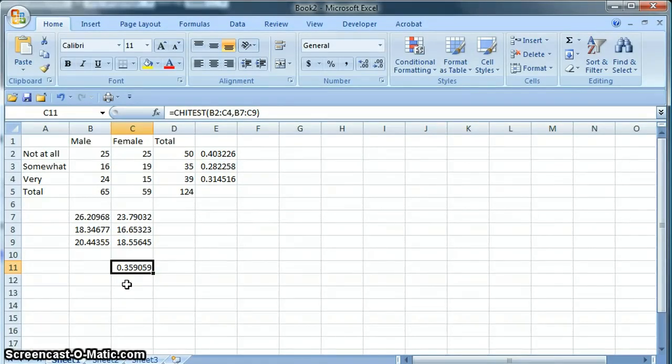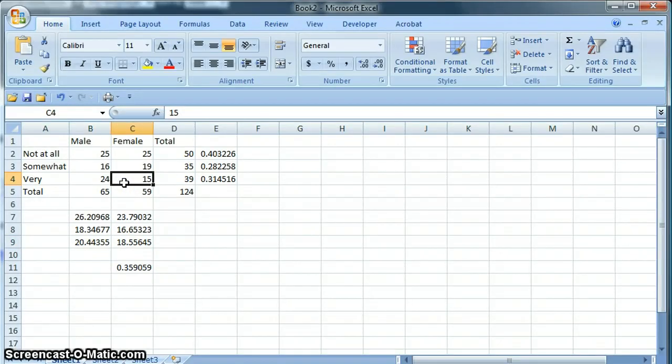Now, just to be clear, we can see that there is a difference in the sample that we drew. For example, in Very, if there were no difference between males and females, we'd only expect to see 20 males say Very, but in fact 24 did. And we'd expect to see almost 19 females say Very, but only 15 did. So that is a difference in the sample.